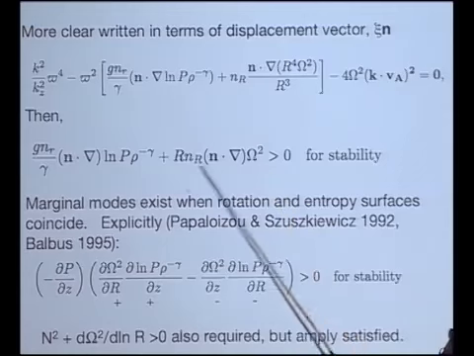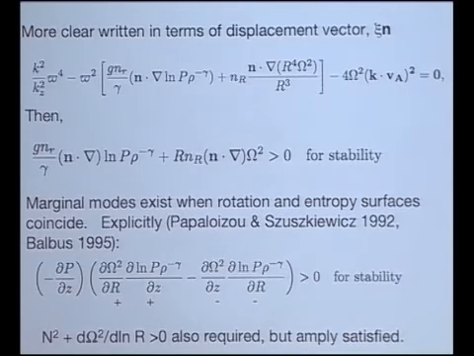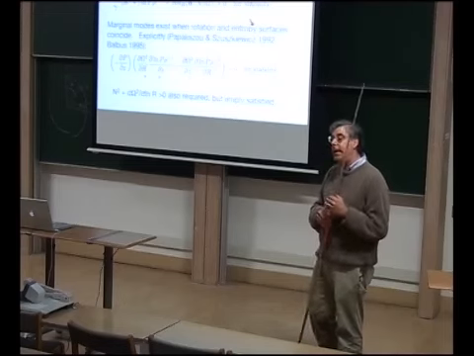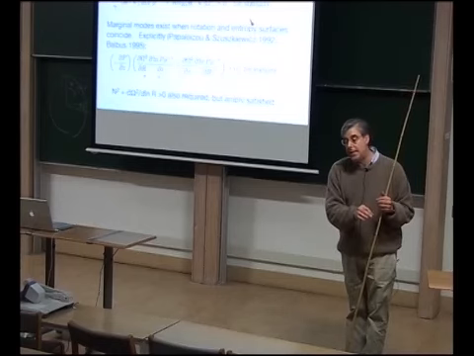Then the criterion for stability can be written in a way where the gradients themselves appear directly and explicitly.